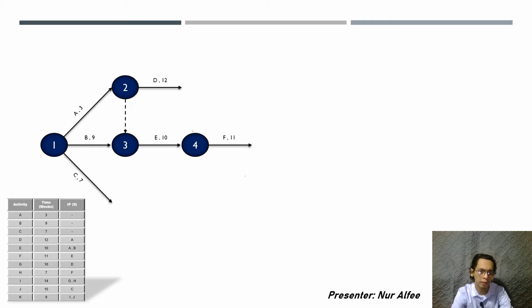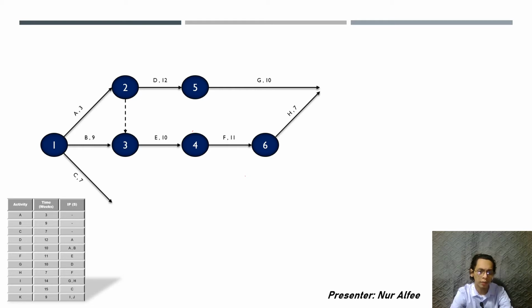Next, we have activity G. The predecessor is activity D. So we have the fifth event with activity G for 10 weeks. Moving on, we have activity H with predecessor activity F. So we have the sixth event with activity H for 7 weeks.